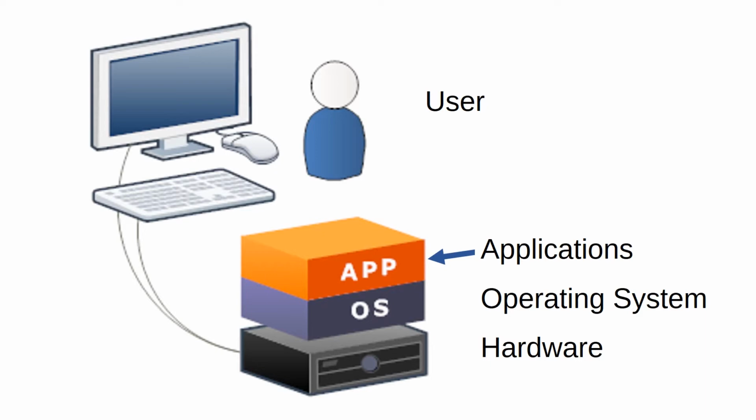The operating system displays which applications are available to the user, and when the user selects an application, the operating system opens the application and coordinates its interactions with the computer's hardware. Applications are normally stored on the hard disk of a computer, though it's possible to store them in other places as well, perhaps on a CD or DVD, or on a thumb drive.